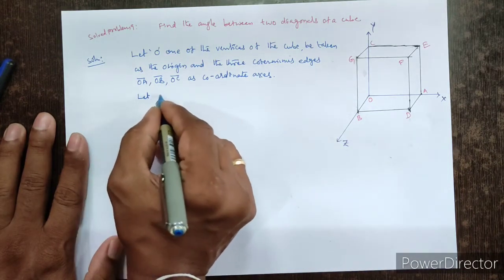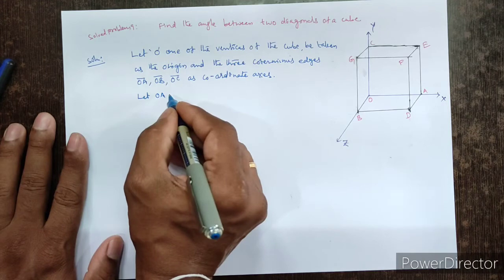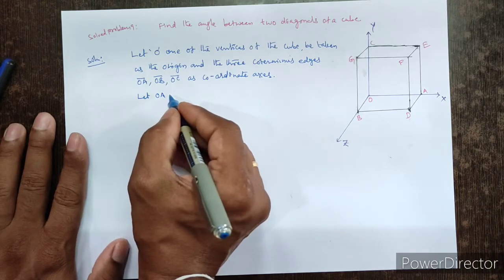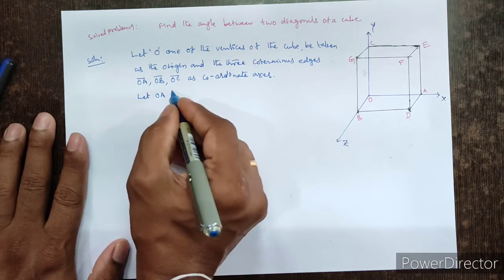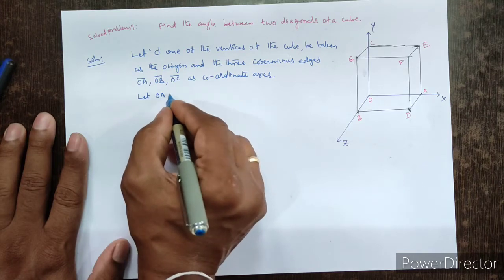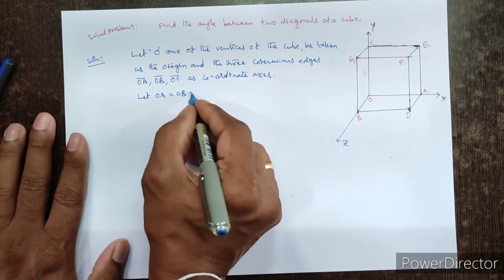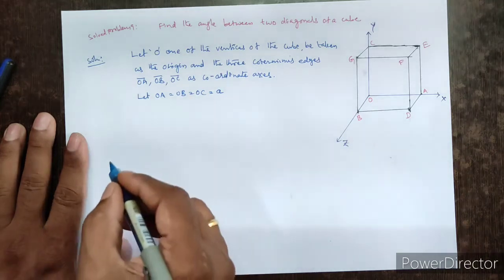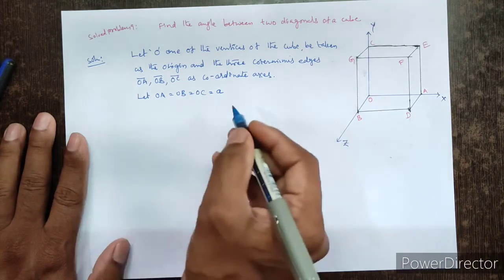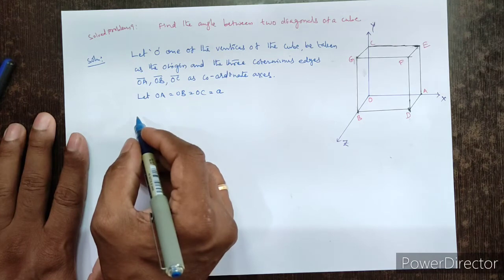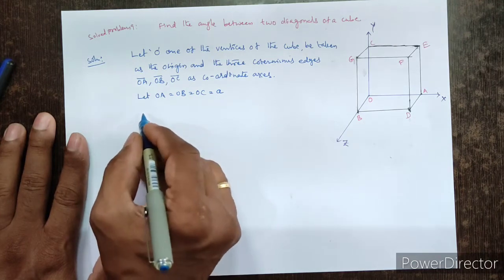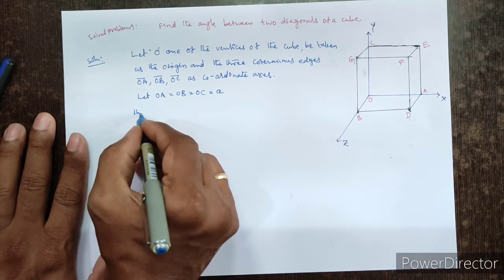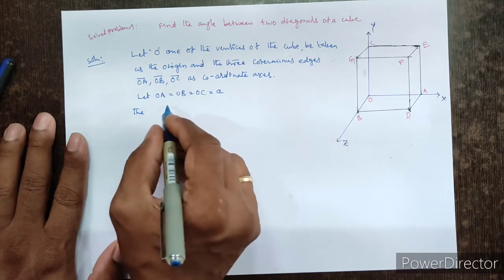Since it is a cube, the sides are equal, that is OA, OB, OC are equal to what? Let it be a. So the length of the side is a. Here the cube has four diagonals.